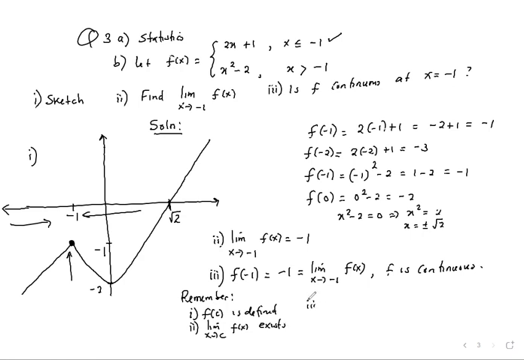And three, if this limit as x goes to c of f of x is the same thing as f of c. If these are the cases, then the function is continuous. That's how you deal with this question.